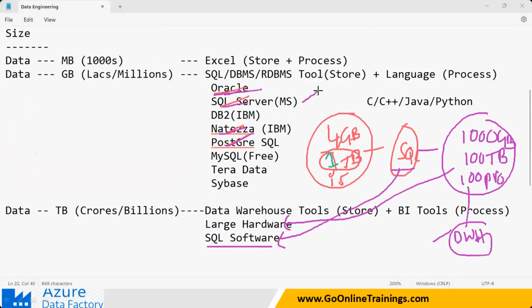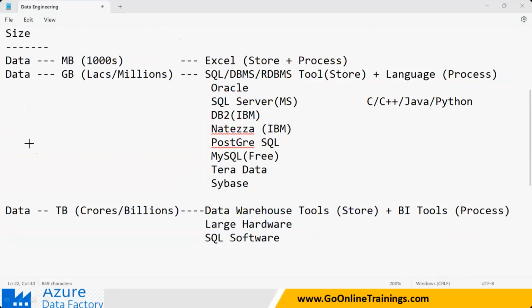When you have a large amount of data and only a small laptop configuration, you will not be able to store the data there. So you need to buy a large hardware. When you install one of these softwares on the large hardware, that machine is called a data warehousing Oracle server or data warehousing SQL server. That is what you got to understand.